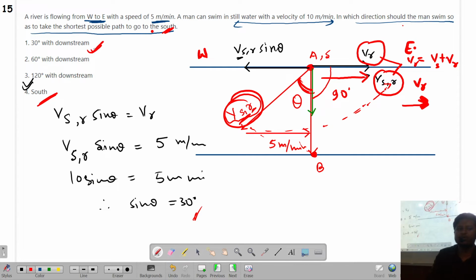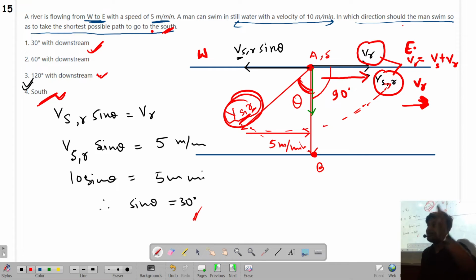90% of the guys will tick which option? 30%. 9% of the guys will take which option? South. 0.5% will take the option which? 120 degree with the downstream. 0.5% will leave the question. Right or not? Do you get me? So this is why these questions are really dangerous, in which everything is perfectly watchable, means you can observe.